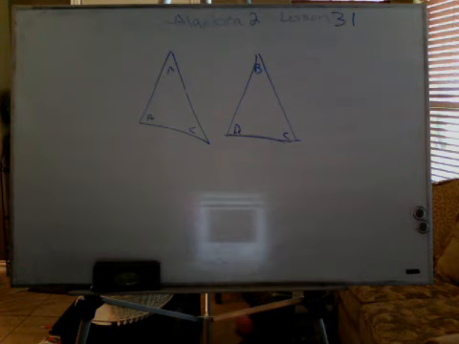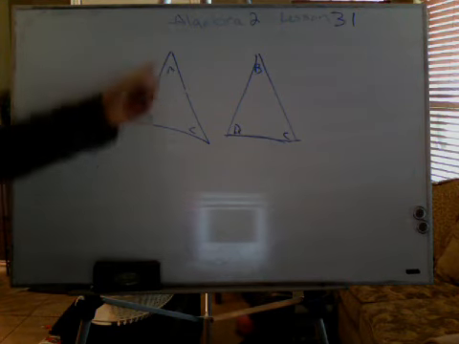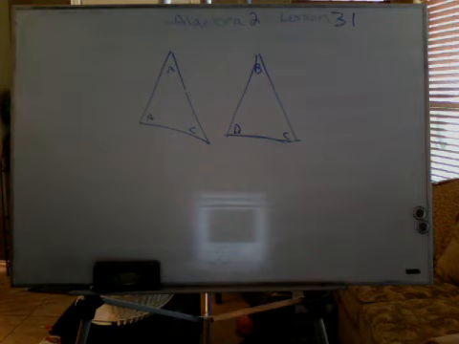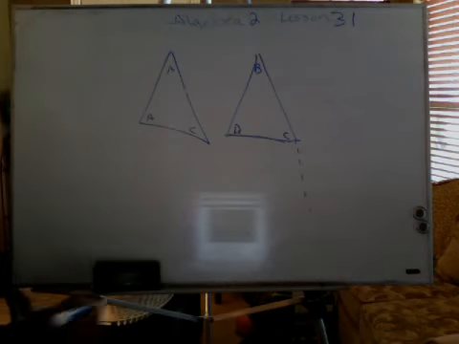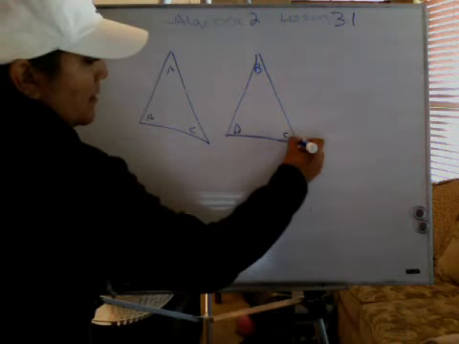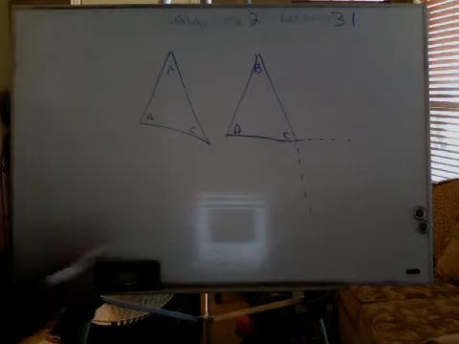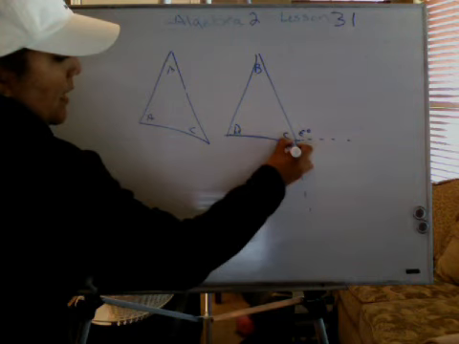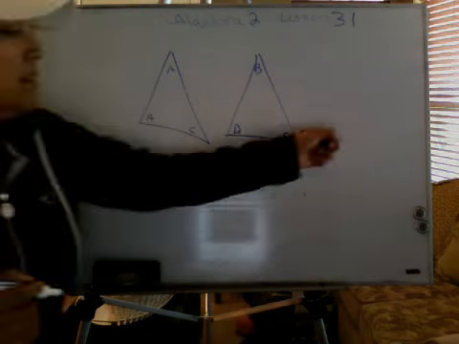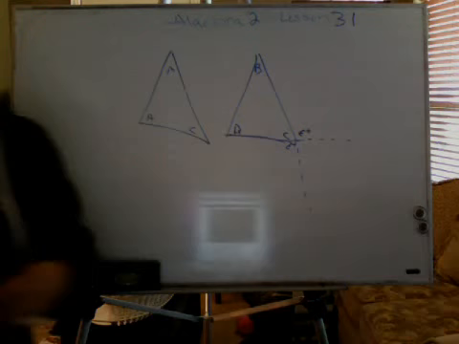The triangle shown on the left has three interior angles, A, B, C. So now I'm going to extend this line and this line to get angle E. We know that these two angles are opposite because they're vertical angles.